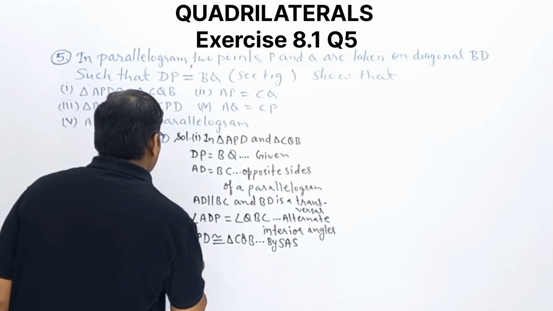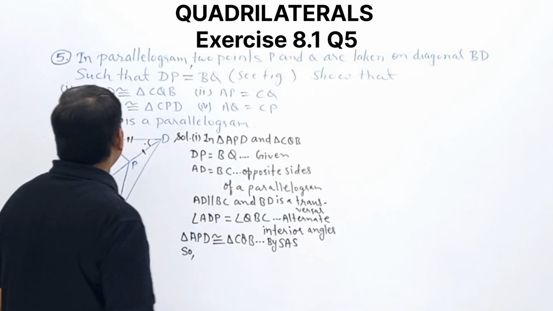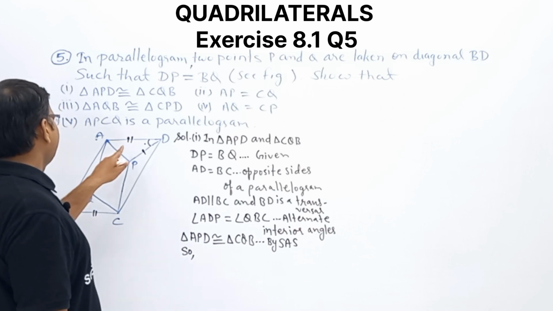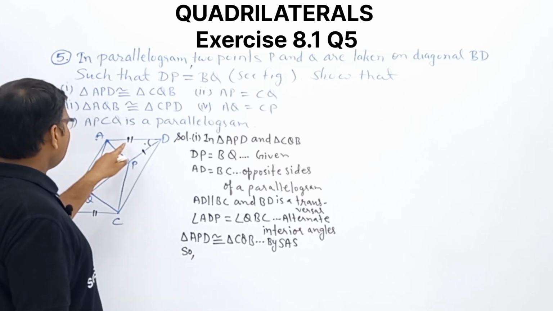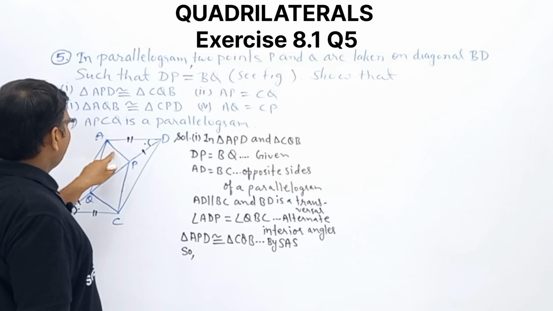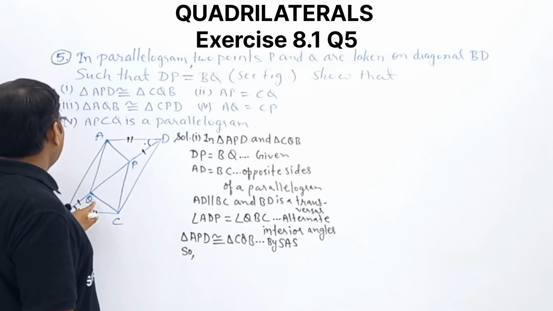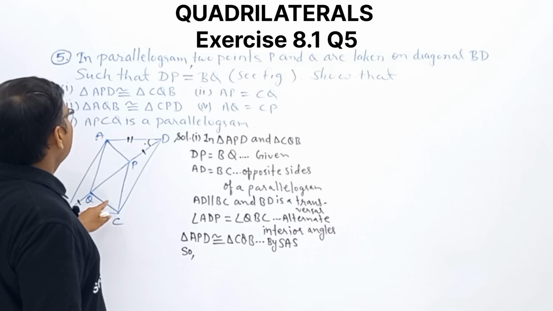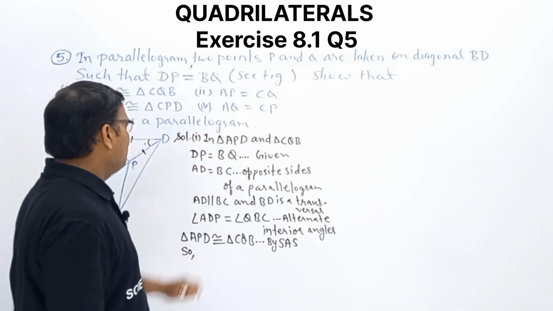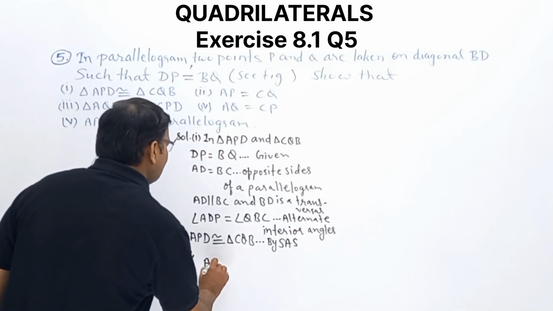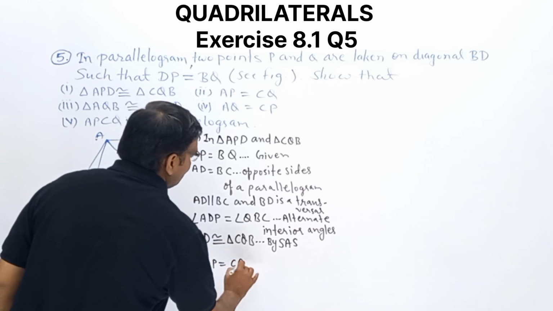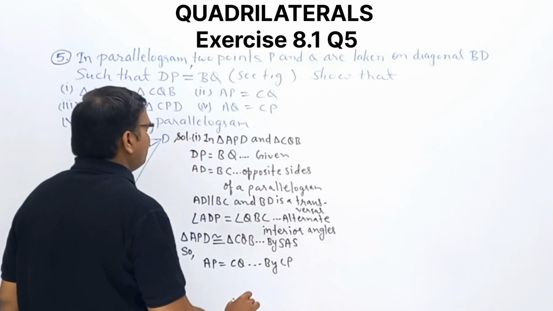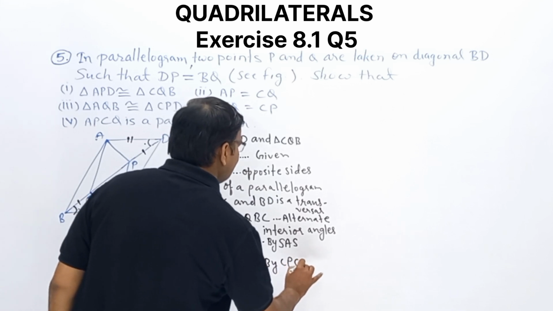Clear? So corresponding parts of these two triangles will be equal. So what? This side AP will be equal to CQ. AP equal to CQ. Why? By CPCT, corresponding parts of congruent triangles, CPCT.